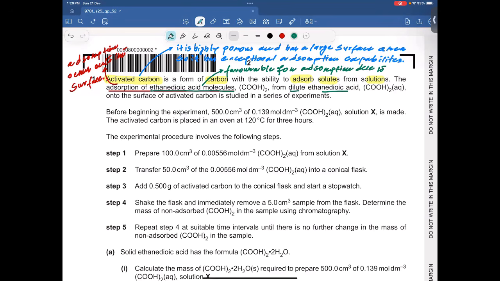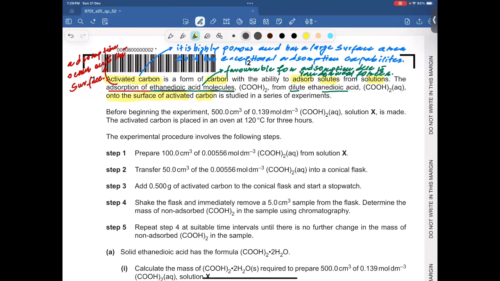Due to van der Waals forces, also called London dispersion forces, onto the surface of the activated carbon. That's what I've told you, that adsorption always takes place onto the surface.